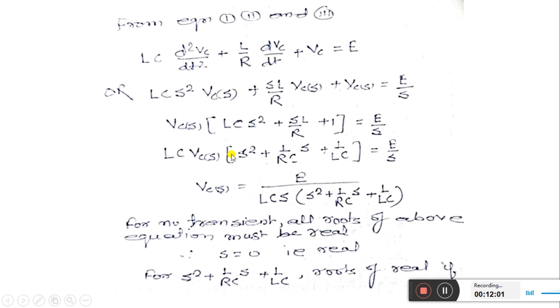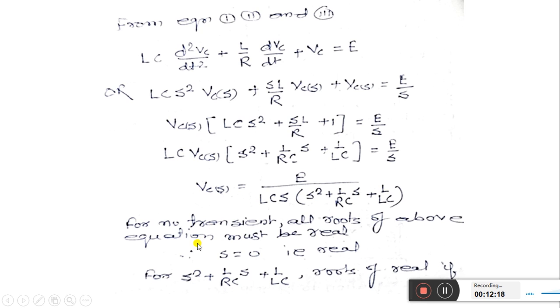So from this equation we can find Vc(s). Vc(s) will be E by s LC and s square plus 1/RC into s plus 1/LC.